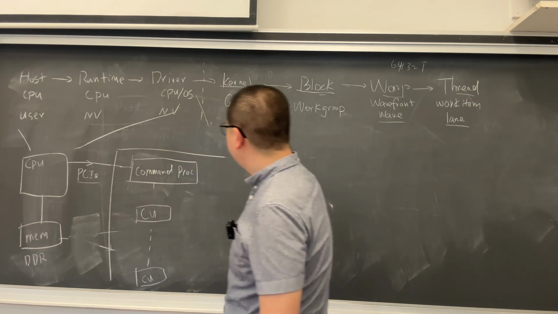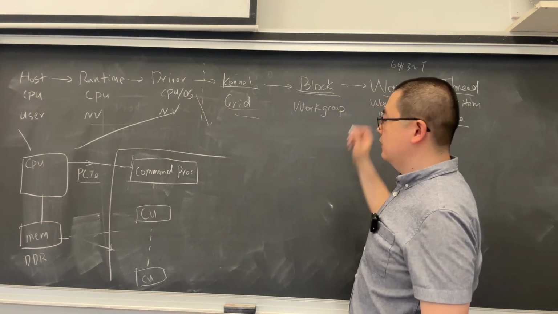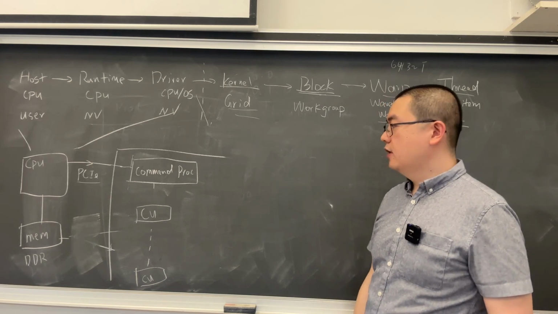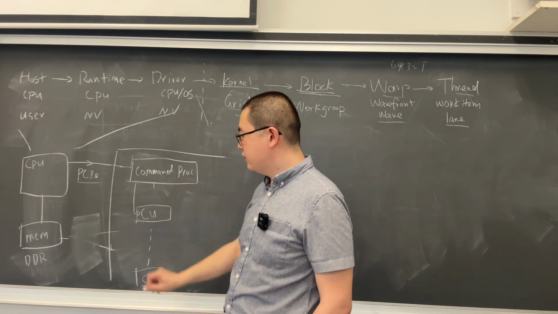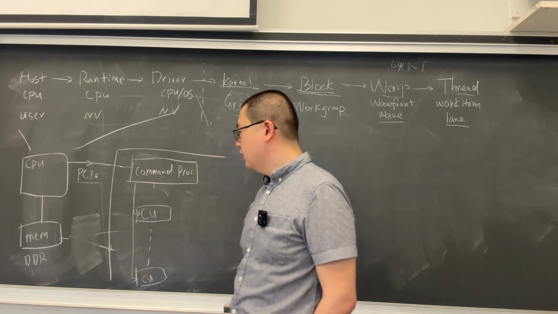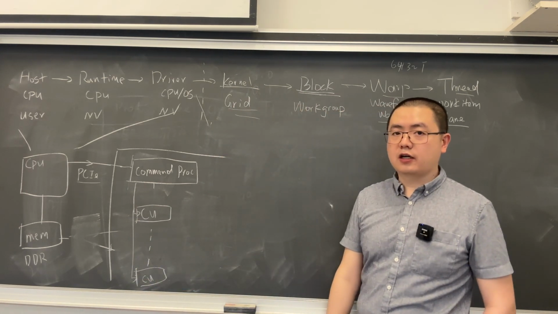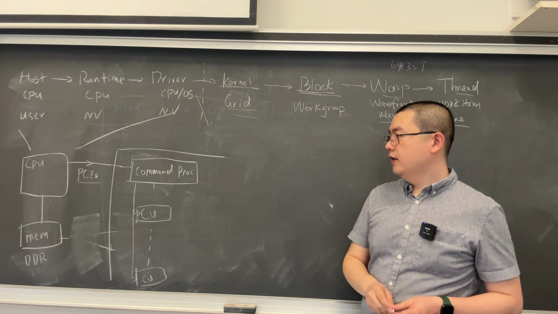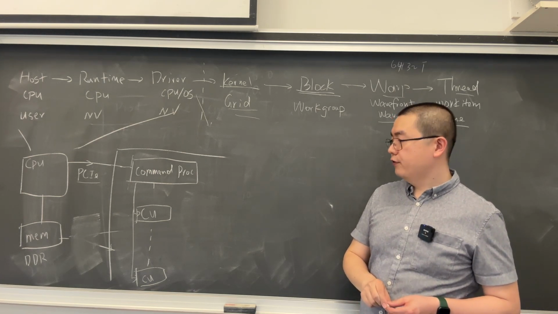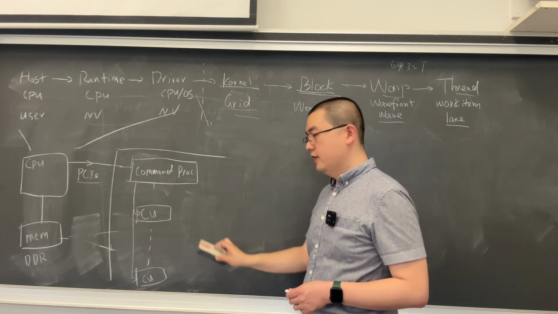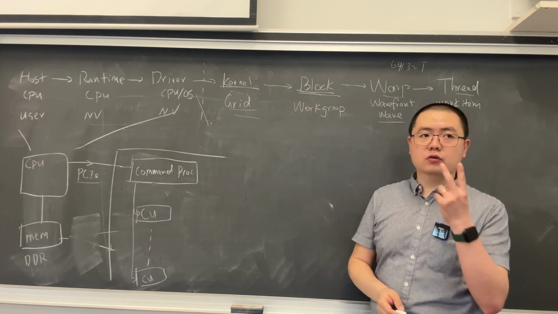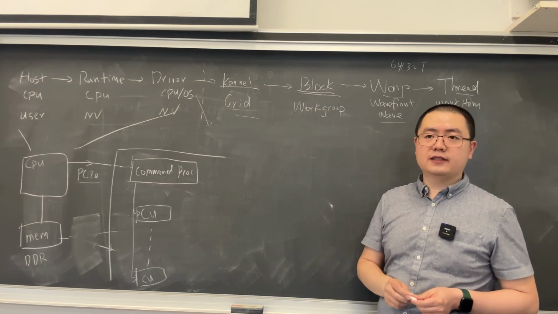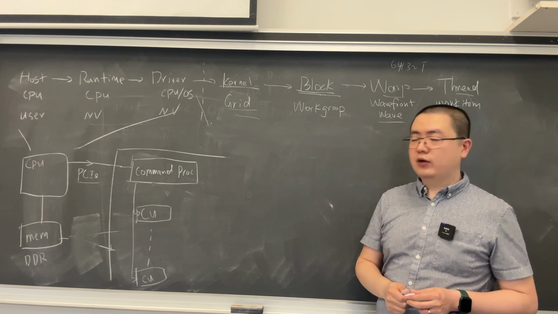So we have the blocks that we want to execute. Now what is happening is this command processor will dispatch these blocks to the compute units. Okay. Then if we want to introduce a little bit more terminology here, just consider if you have two kernels that want to execute at the same time, what's going to happen?